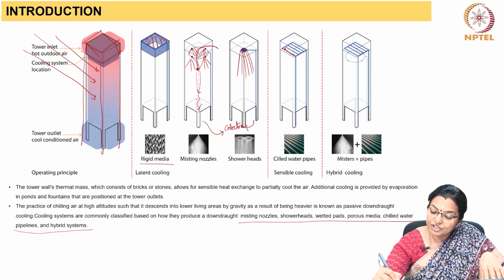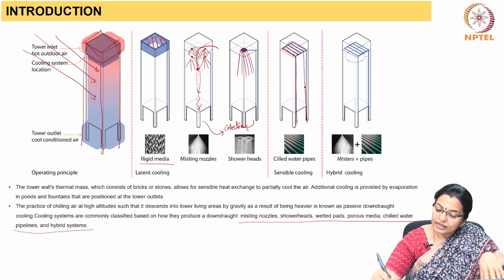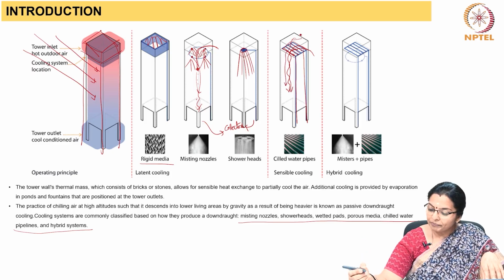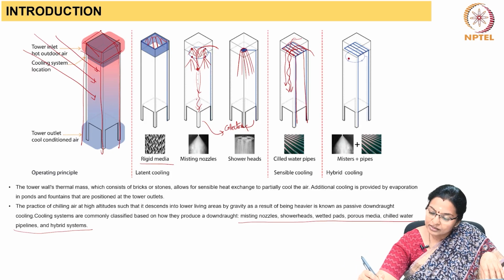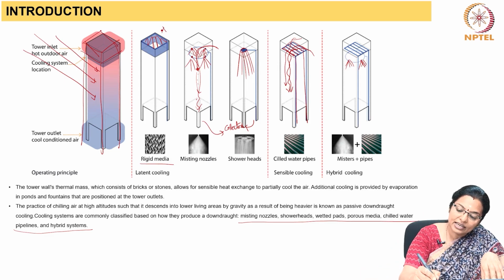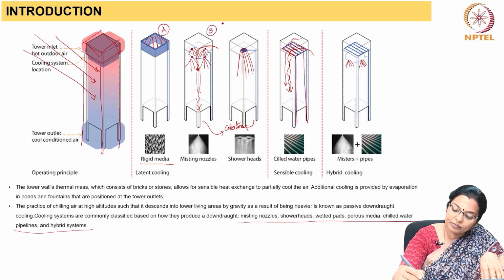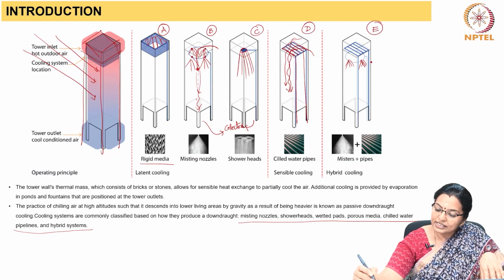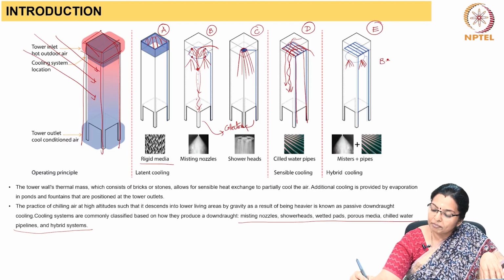Sometimes there can even be chilled water pipes. So air gets chilled. Air which passes through this gets chilled by contact with these pipes. Sometimes there are misters which cause mists, as seen in case, I'll number these cases A, B, C, D and E. So this is a combination of B plus C. That is what this is a combination of.